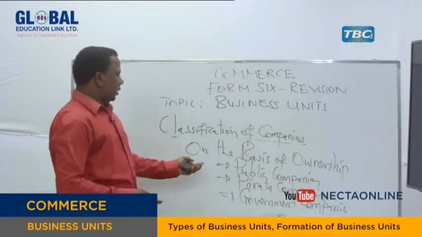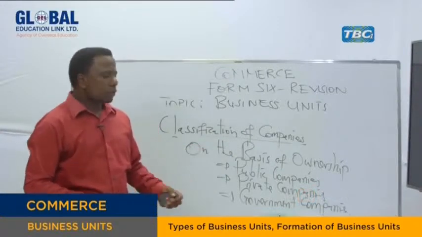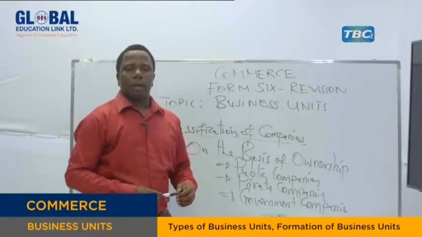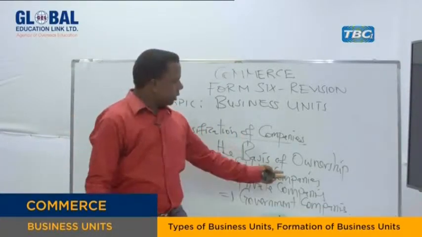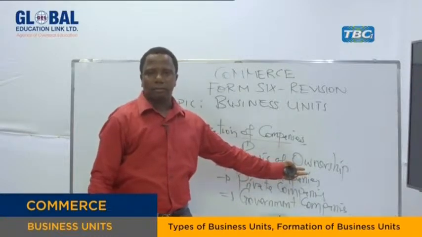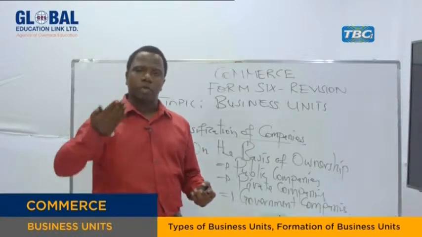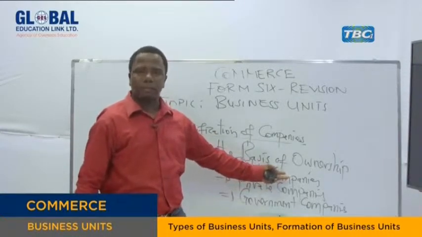So this is on the basis of ownership. Under public companies, any member of the public can get ownership in the company. So this is where members of the public have an opportunity to invest in these companies.